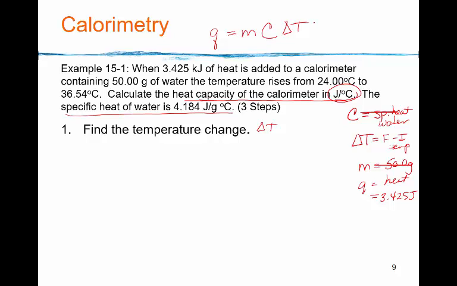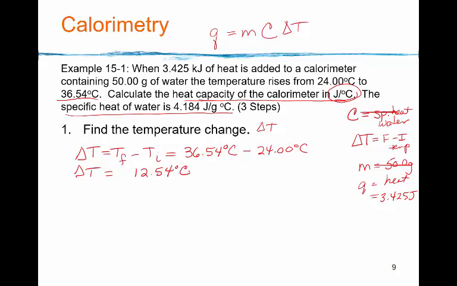So first we figure out the delta T, which is the final temperature minus the initial temperature. It rose to 36.54 degrees C, and the initial temperature was 24 degrees C, so our delta T is 12.54 degrees C. That's step one.